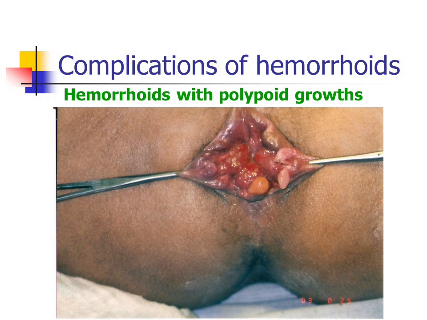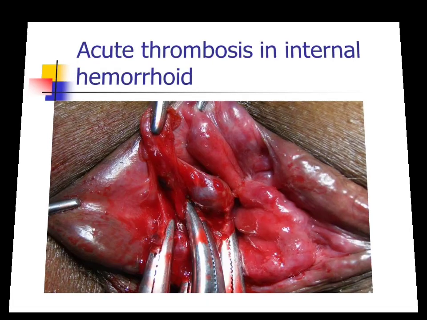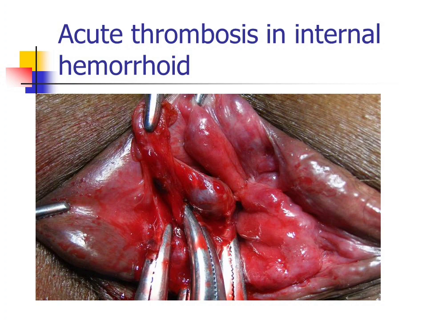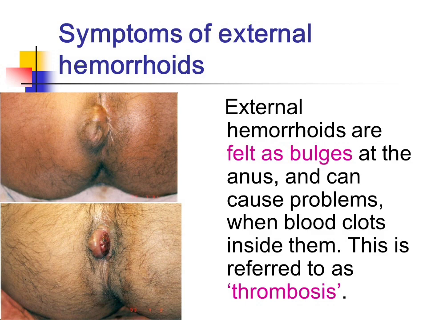They may have polypoid growths. There may be fibrotic bands, which could be mucosal. Sometimes there is acute thrombosis in an internal hemorrhoid, called an acute attack. It doesn't spare even young boys.